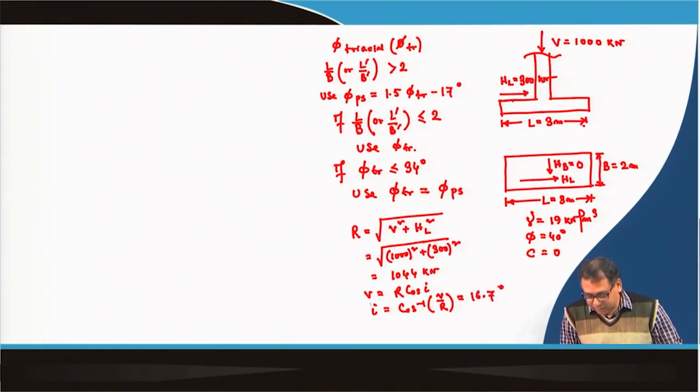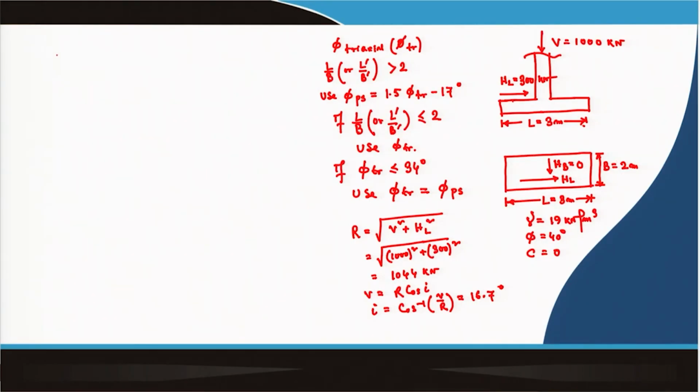So, the angle with vertical is 16.7, and the resultant or inclined load is 1044 kilonewton. But as we are using Hansen's equation, we will use it this way.